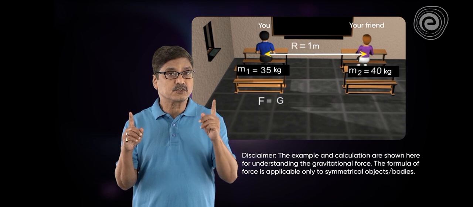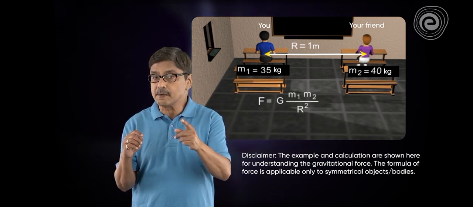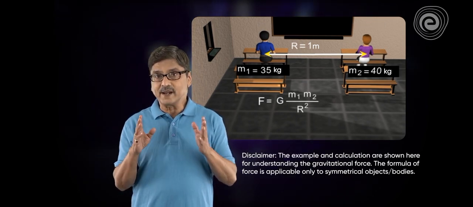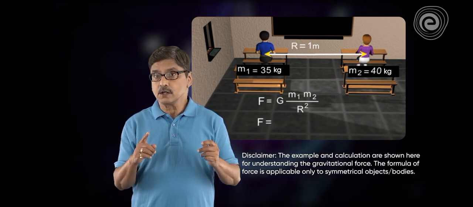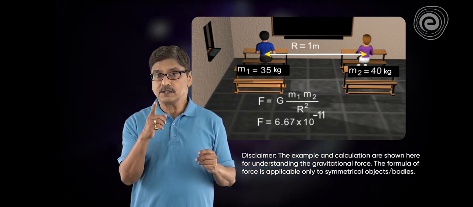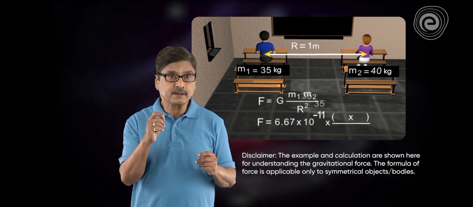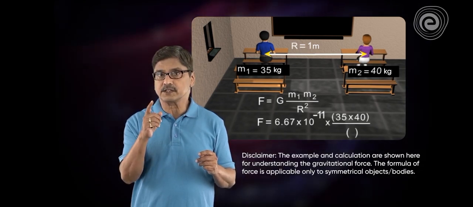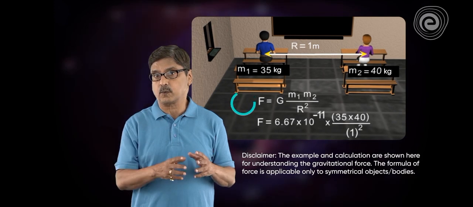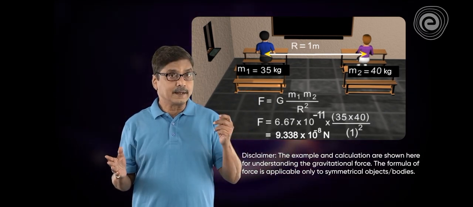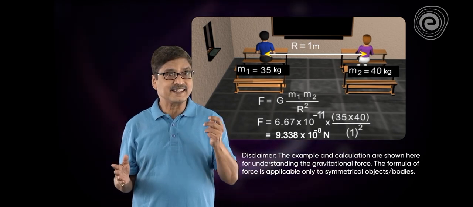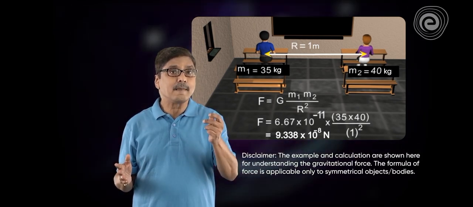Using F is equal to G into m1 m2 upon r square, we have F is equal to 6.67 into 10 raised to minus 11 into 35 into 40 upon 1 square, which is equal to 9.338 into 10 raised to minus 8 newtons.